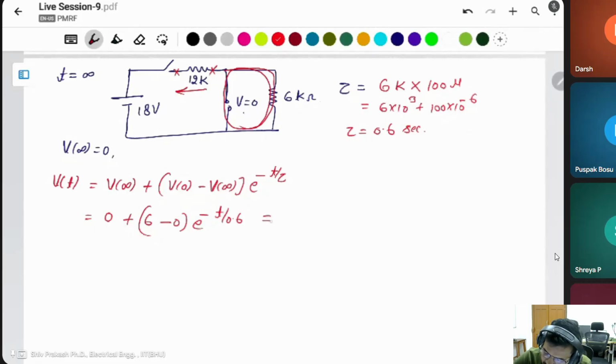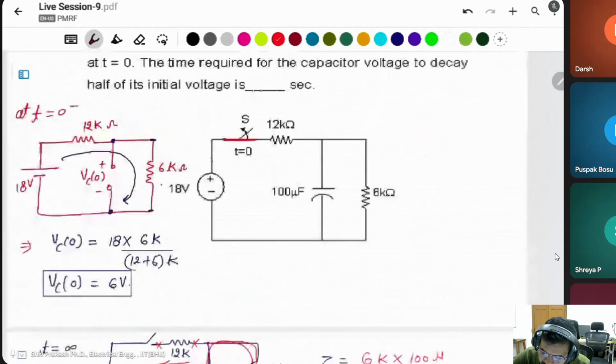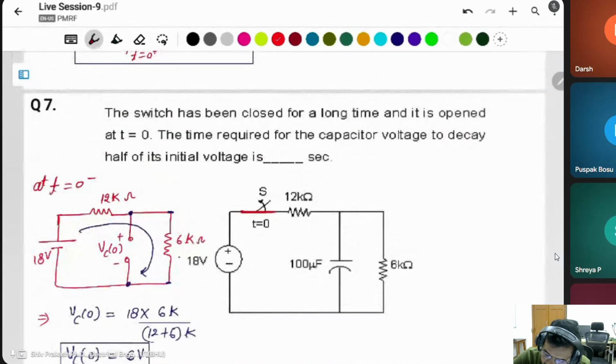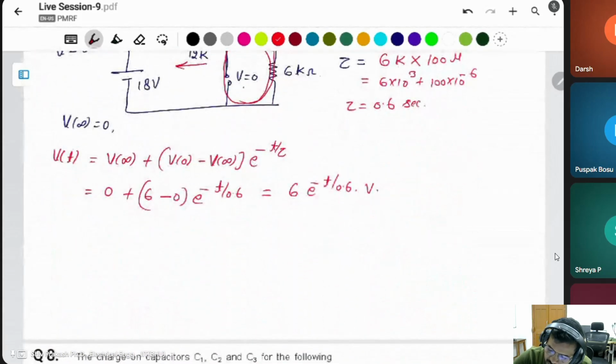It means this value is 6 e to power of minus t by 0.6 volt. Then the question is asking the time required for the capacitor voltage to decay to half of its initial value. What is the initial value? It is 6. Then 6 e to power of minus t by tau, half of 6, 6 divided by 2.